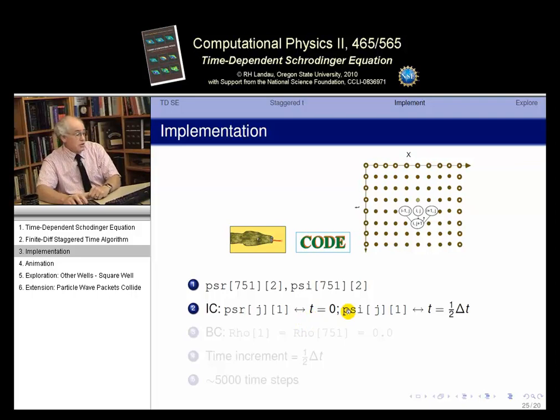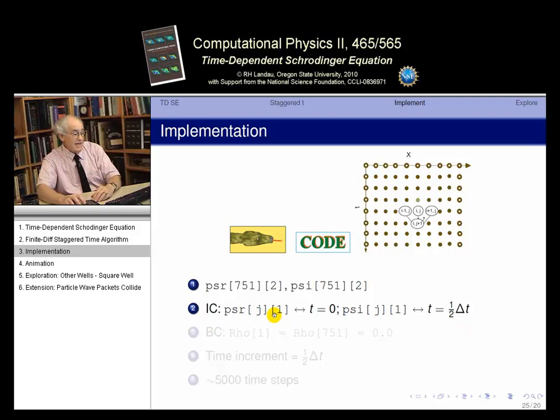What's the initial condition? The initial condition is that at time 0, we have the real part of psi and the imaginary part of psi. The initial condition was that we have that wave packet, a Gaussian times a plane wave. So no time dependence because t equals 0. That was the initial condition.